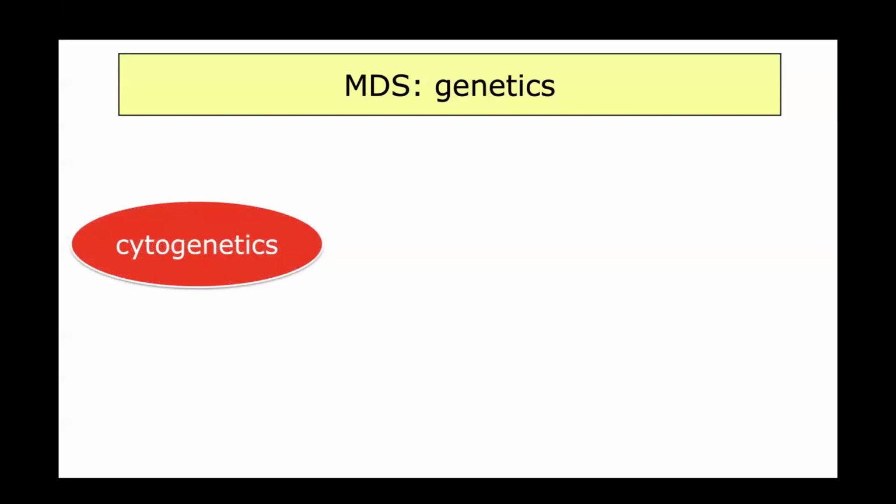With regard to the genetics of MDS, of course, cytogenetics has been and still continues to be an important facet of diagnosing and characterizing myelodysplastic syndromes. However, it's important to recognize that only approximately 1/2 of de novo cases of MDS have a clonal karyotypic abnormality as discerned by chromosomal banding analysis.